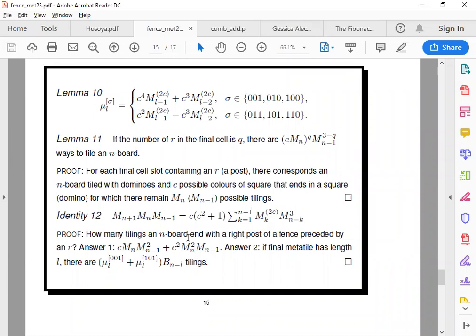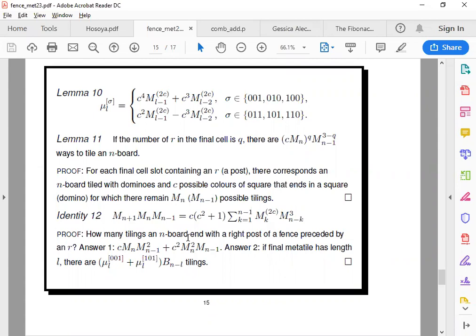So to prove this identity, our question is how many tilings of an n board end with a right post of a fence preceded by an R? And the answer using this lemma is, well, there's two ways of doing it. It ends with a right post and is preceded by an R. So that leaves one slot left.